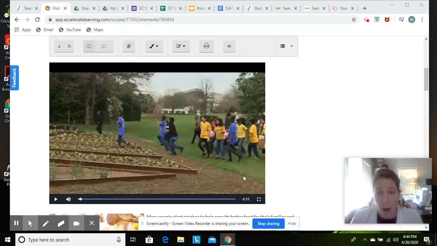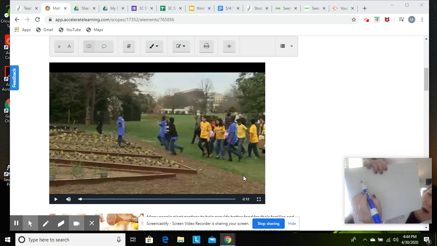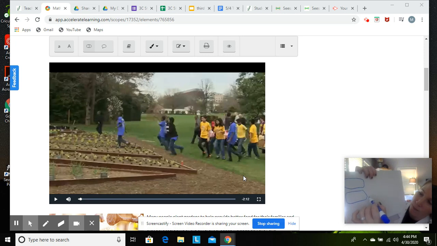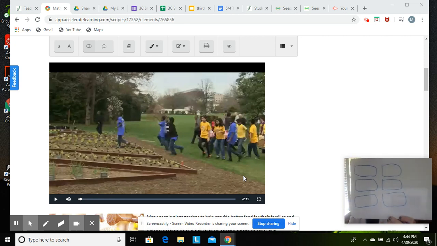So when I think of garden beds, if I were to draw this on my dry erase board, I would draw 6 garden beds, similar to this. Okay?